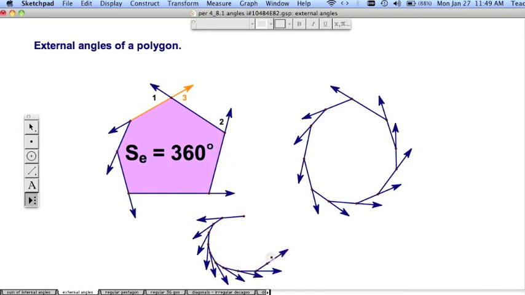Right, they're always going to equal 360, so they have to be getting smaller. Now, there can be an exception for 1 or 2 angles, but for the most part, this is true. Exterior angles always add up to 360. Doesn't matter how many there are.